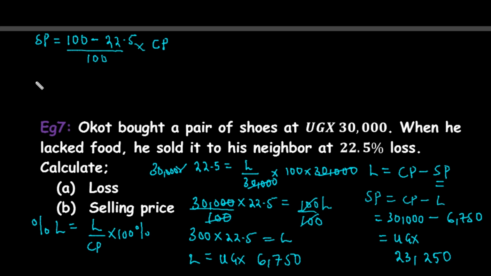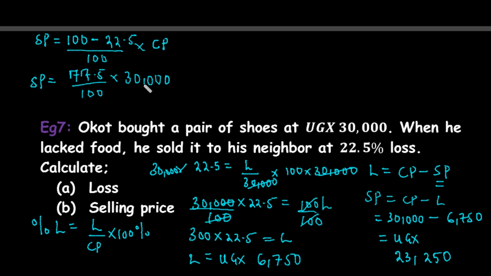Is that okay? Therefore, selling price is equal to, what is 100 minus 22.5? That is 77.5 out of 100 times, what is the cost price? It is 30,000. Is that okay?